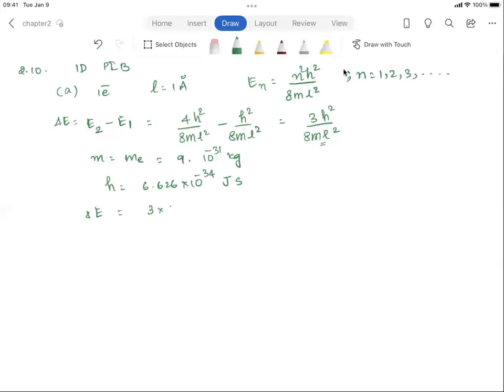That's going to be 3 times... 1 angstrom is 10 to the negative 10 meters. So if I were to solve this, let me actually just work with everything except for the powers of 10.